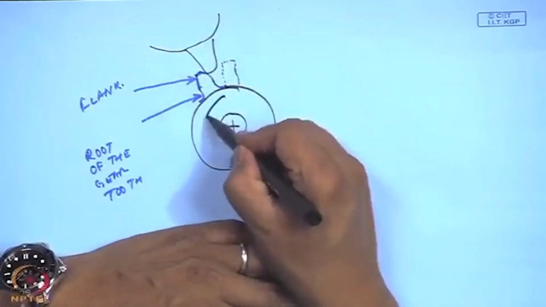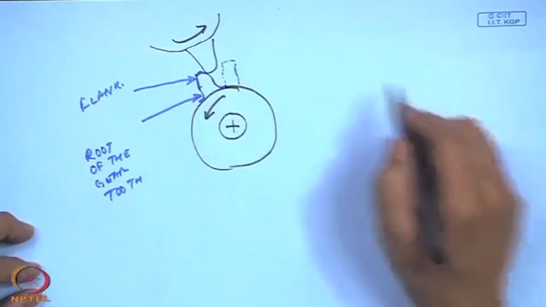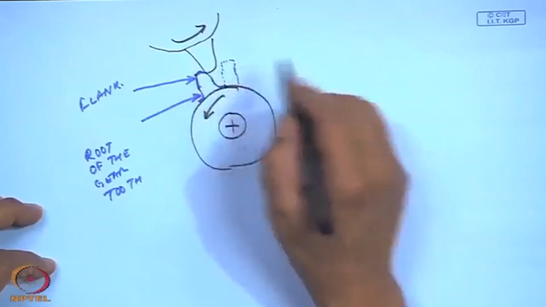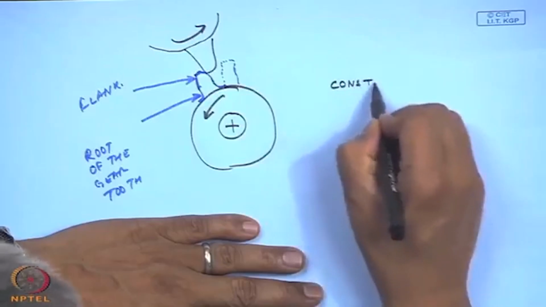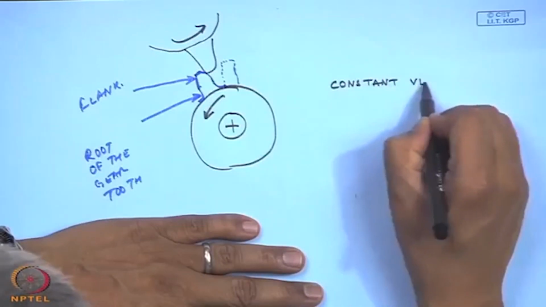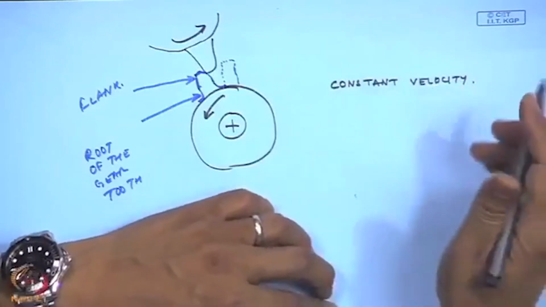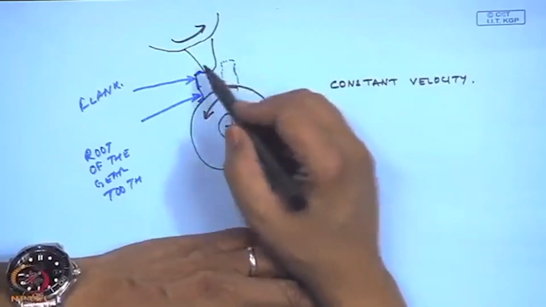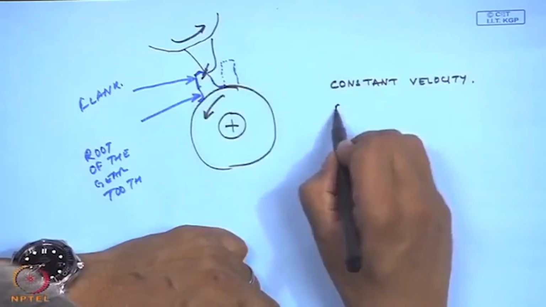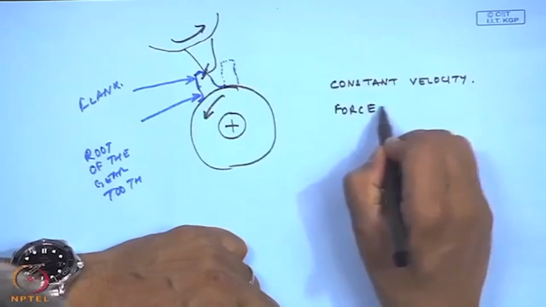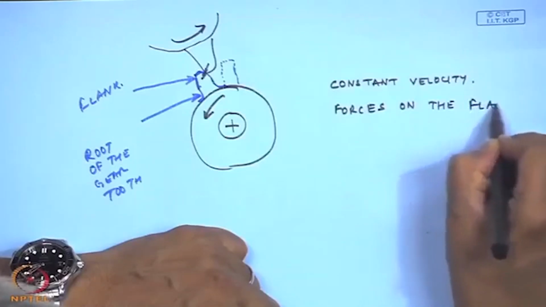One gear goes this way, the other gear goes this way. So, a lot of things happen on this gear. There has to be a constant velocity, otherwise we would be getting jerky motion and so on, and there will be forces on the flank.